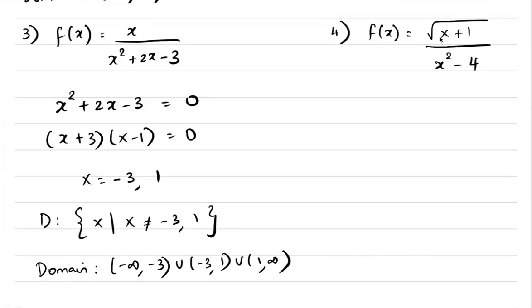So in this next problem, you have a fraction as well as a radical, and the radical happens to be in the numerator, right? So I take this radical. The first thing that I do is, because I have a radical in the numerator, I have to make sure that any x value that I input makes that expression non-negative.